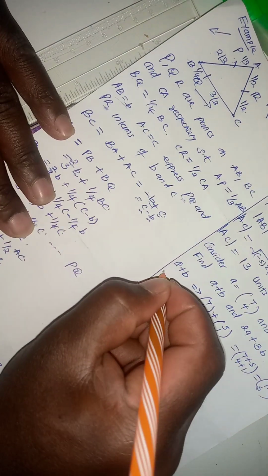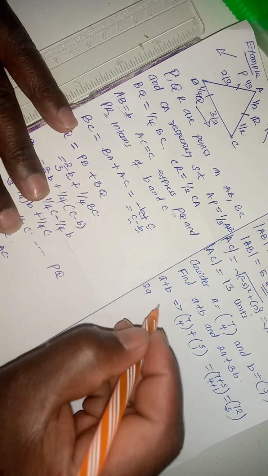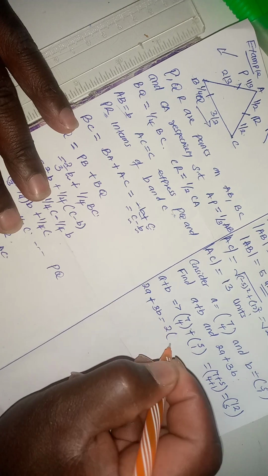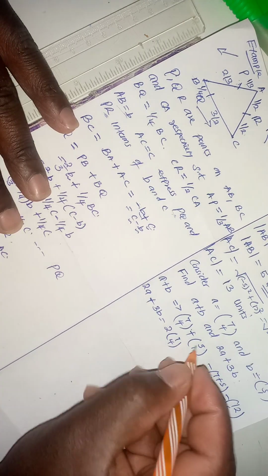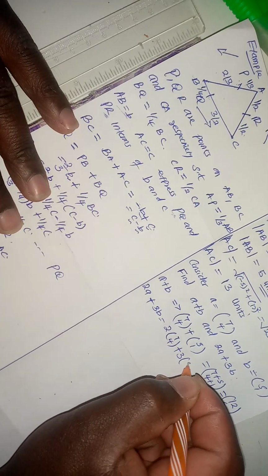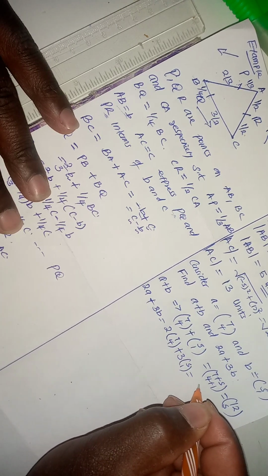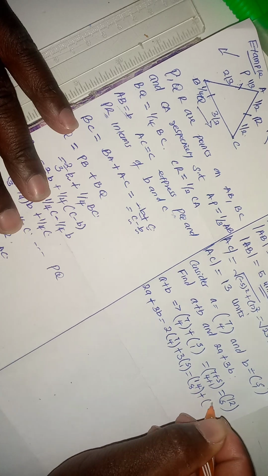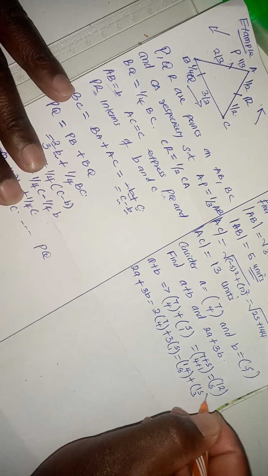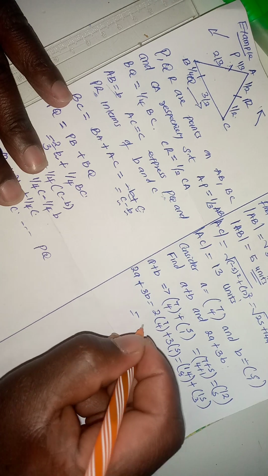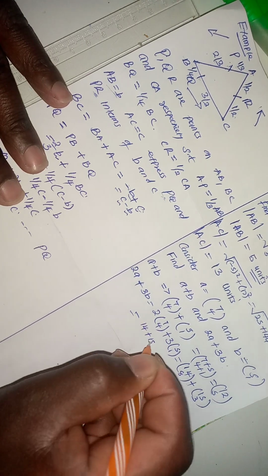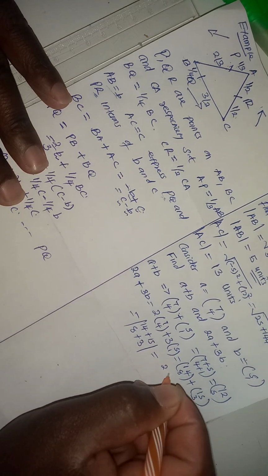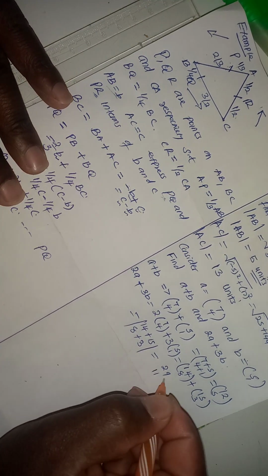We are also told to find 2a plus 3b. It is 2 multiplied by (7, 4), which is a, plus 3 multiplied by (5, 1), which is (14, 8) plus (15, 3), which is 14 plus 15 and 8 plus 3, equal to (29, 11).